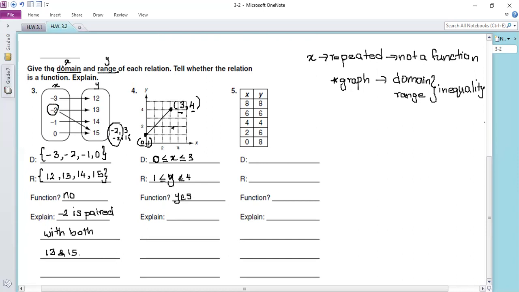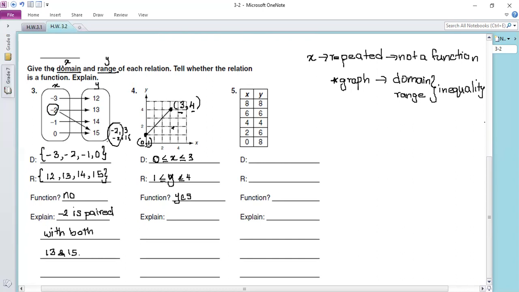And also, if it is a function, the line will always be a straight line. It will not be a curved one. It will not be a circle. So always, if the graph line is straight, that means it is always a function. Now, how are you going to explain?